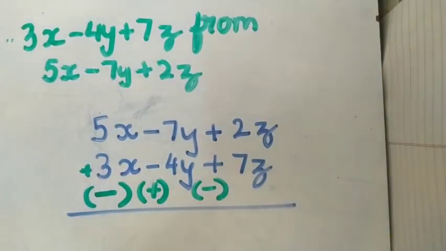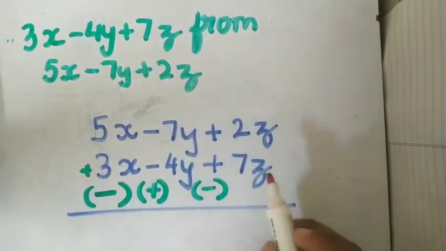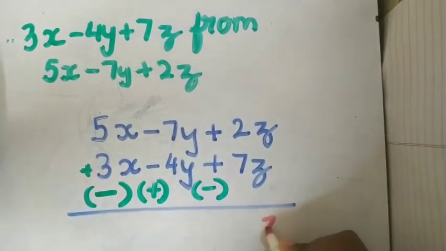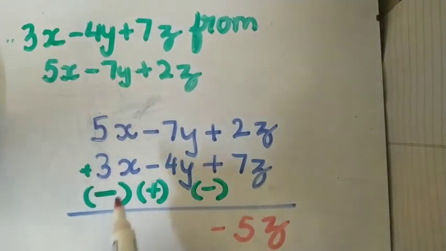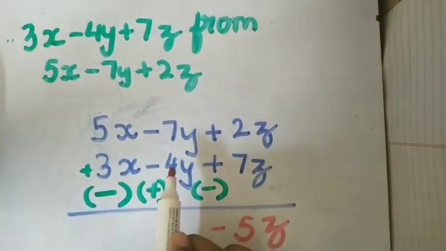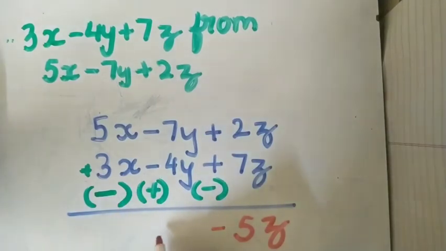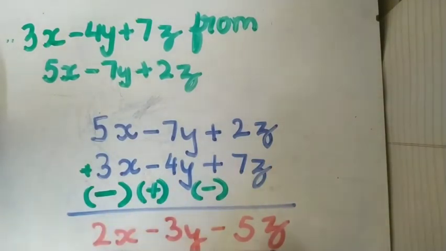Okay, so now let's do the difference. z as it is, plus into minus, that is minus 5z. And here minus 7y plus 4y, that is minus 3y, and here that is 2x. So the answer of this question is 2x minus 3y minus 5z.